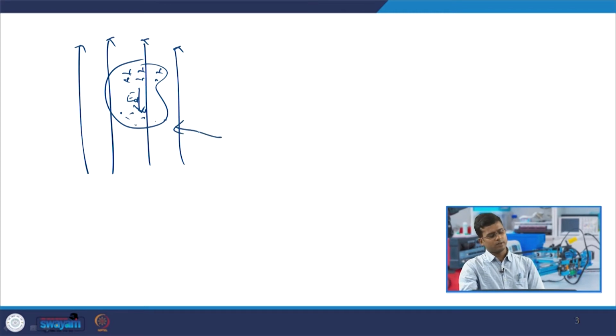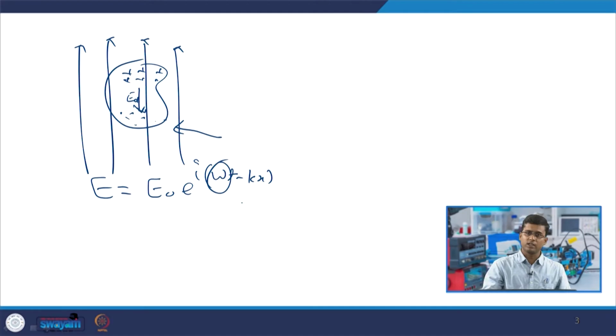Now, since E is equal to E naught e to the power i(omega t minus kx), you know that there is this omega term, the frequency of the electromagnetic wave. So, if this electric field is switching with a frequency omega, the dipole will also be switching around a frequency omega. At resonance it will be omega. So, what will happen?